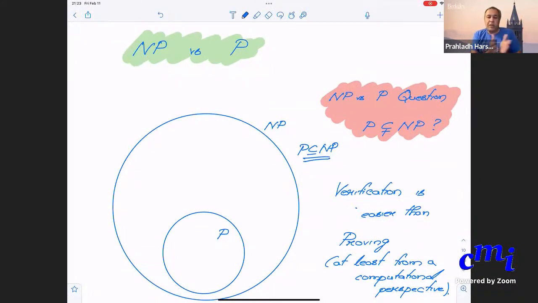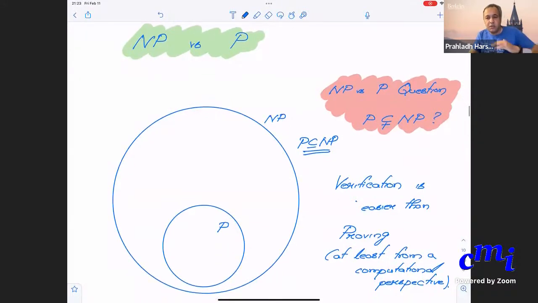Asking whether NP equals P is a computational way of formalizing this statement. Is verification an easier task than proving a statement? You might have seen this question at various places. This is the P versus NP question, exactly trying to distinguish proving versus verification.